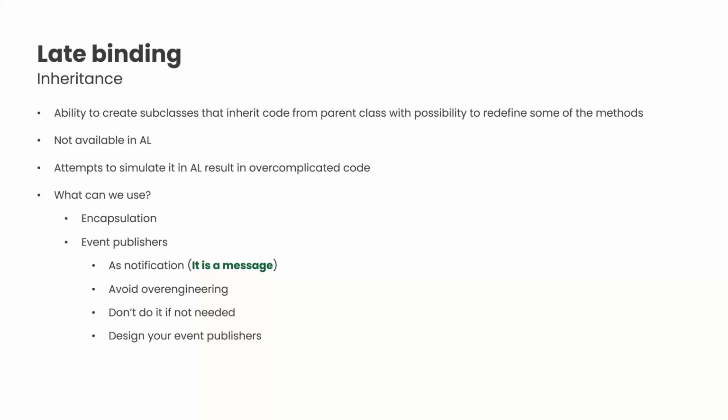So you may have an idea: let's copy the code from Microsoft and then modify it inside. But the problem with it is that if Microsoft finds a bug or changes something, you will have to go again and merge that code with yours. So what you can do instead is use encapsulation, which means that you create your code unit, which implements the interface, and inside of your code unit, you create a global variable of the type of the Microsoft code unit.